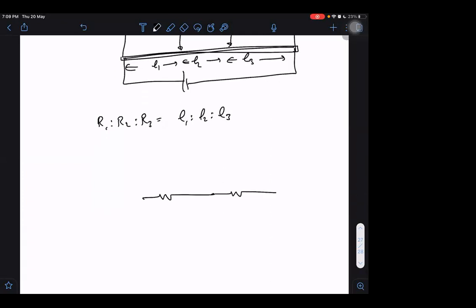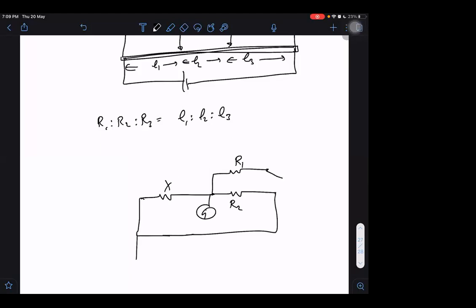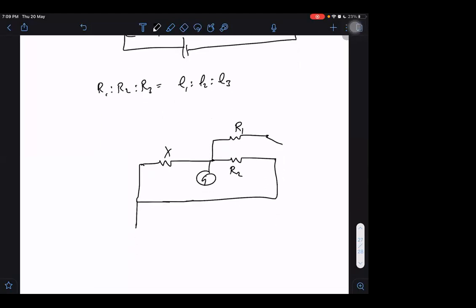Other modification I can give this way. Here this is R1, R2, and I will put a galvanometer in between here. This is X. The galvanometer shows null deflection in position L1 when R1 is not connected.